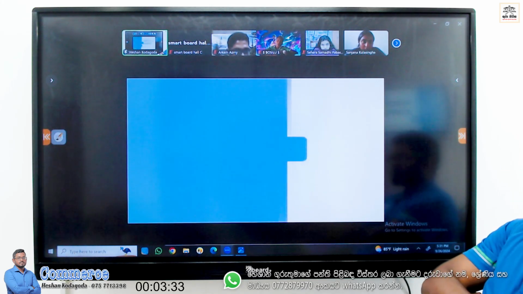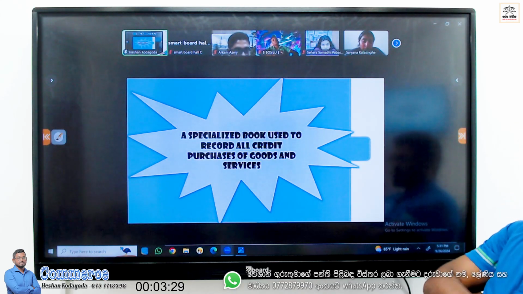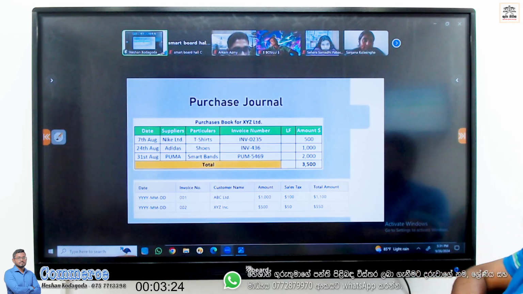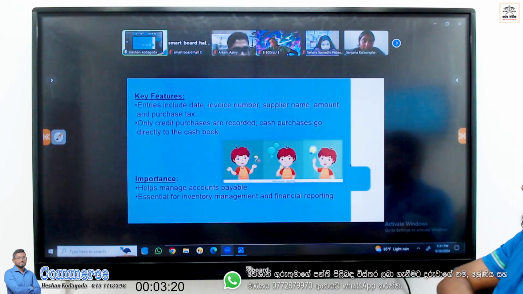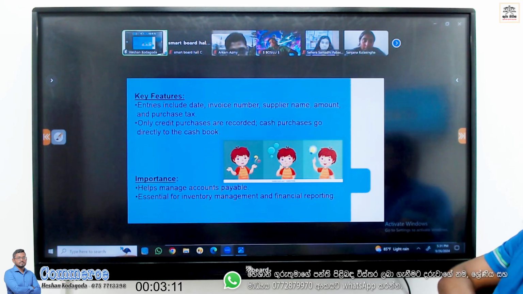The purchase journal is a specialized book used to record all credit purchases of goods and services. This is the interface of a purchase journal and an example. The key features of the purchase journal are that the entries include date, invoice number, supplier's name, amount and purchase tax.